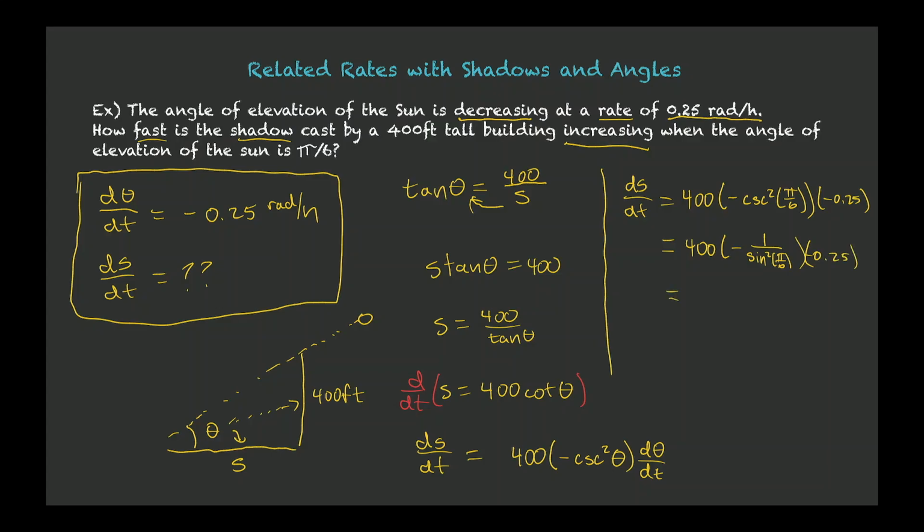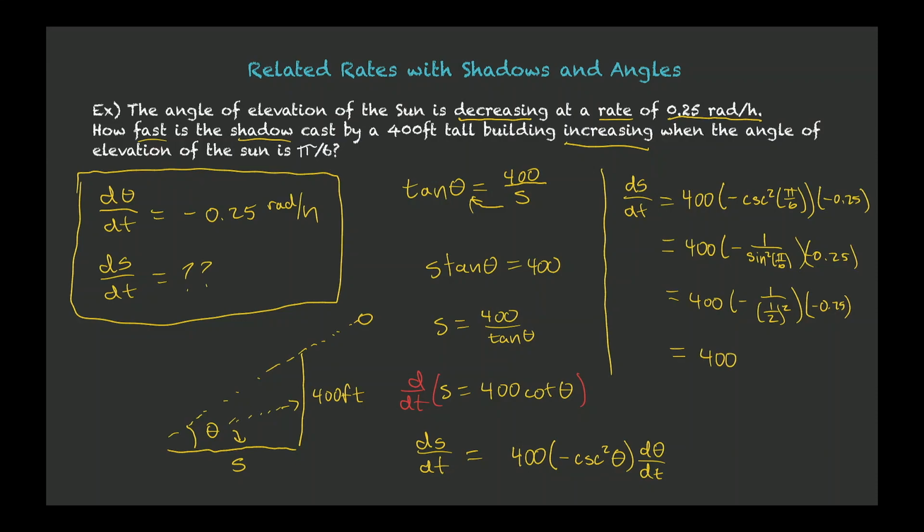So we'll have 400, and then negative 1 over sine of pi over 6, which from our calculator or unit circle is 1/2. So we get 1/2 squared, and then times another negative 0.25 over here. Now we could use our calculator to do all this, and if we multiply all this stuff out, it's just going to come out to be 400.